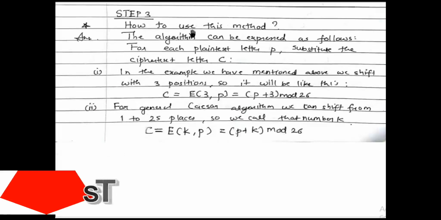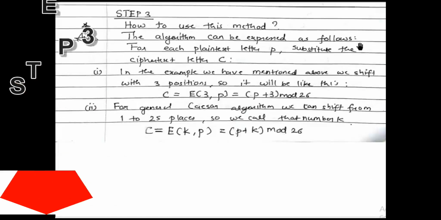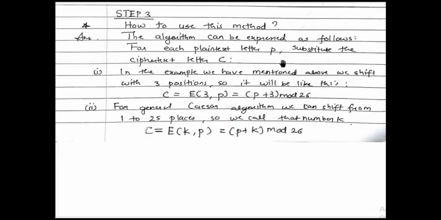Step 3. How to use this method? The algorithm can be expressed as follows. For each plain text letter P, substitute the ciphertext letter C. As I had mentioned in the example above, Caesar cipher used 3 letters. So in this example we shift by 3 positions. So it will be like this.